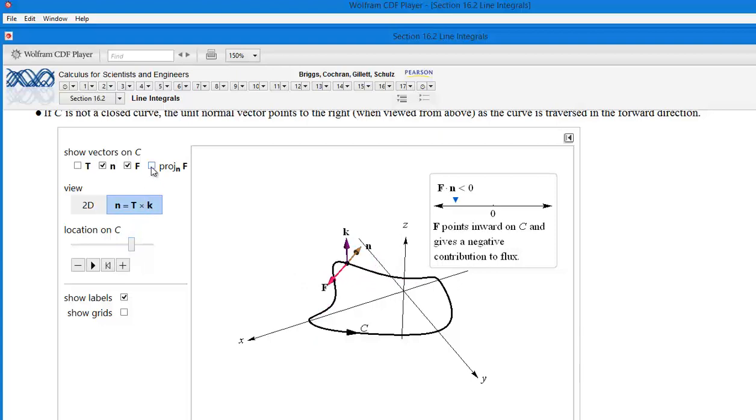Let's show those projections onto the normal vector. There you go. So see, F here is opposite of the normal vector. And that's why you have a negative contribution. Whereas someplace over here, the projection of the force is onto the normal vector, and that gives you a positive contribution. Okay?